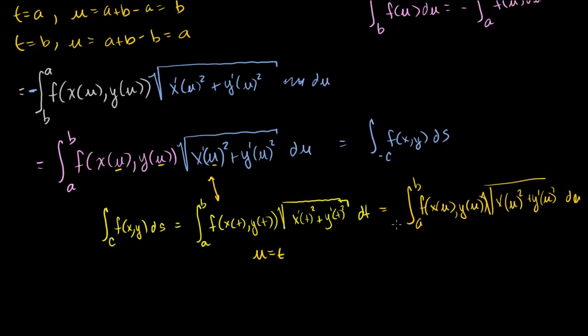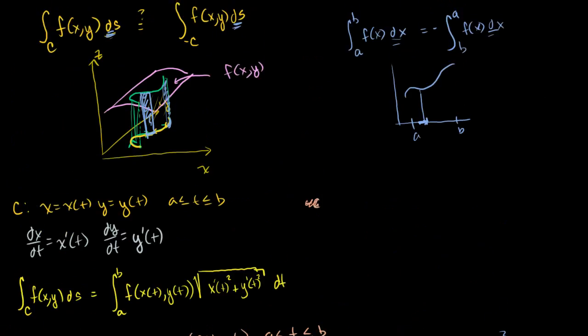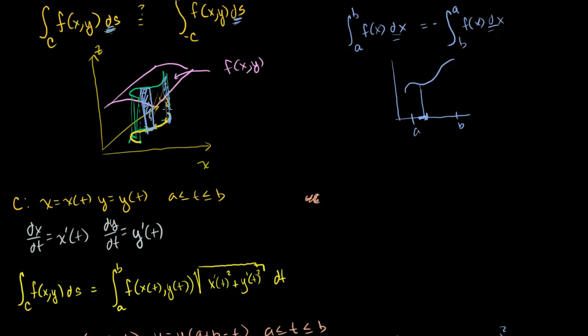These two things are identical. So we did all this substitution, but we got the exact same integrals. Hopefully that satisfies you that it doesn't matter what direction we go on the curve, as long as the shape of the curve is the same. Whether we go forward or backward, we're going to get the same answer. And I think that meets our intuition, because in either case, we're finding the area of this curtain.